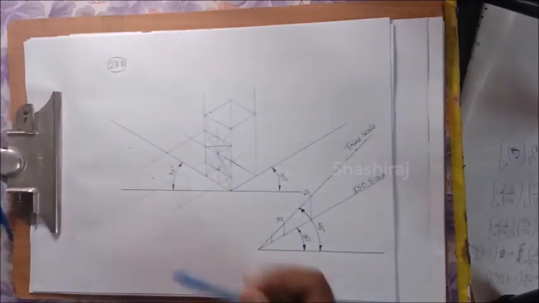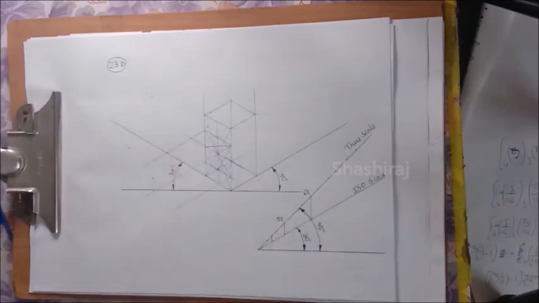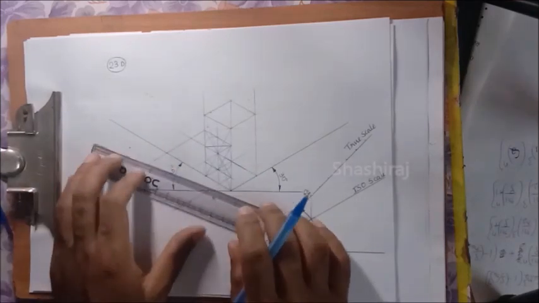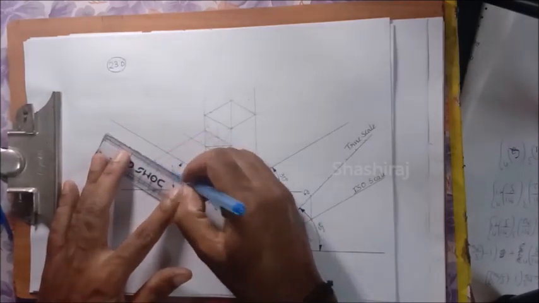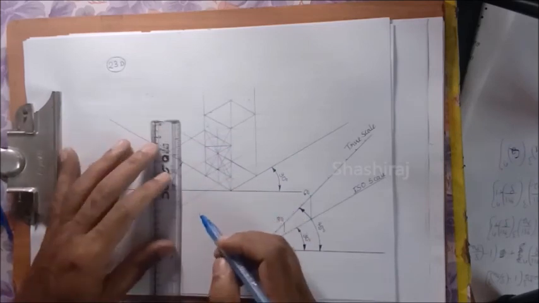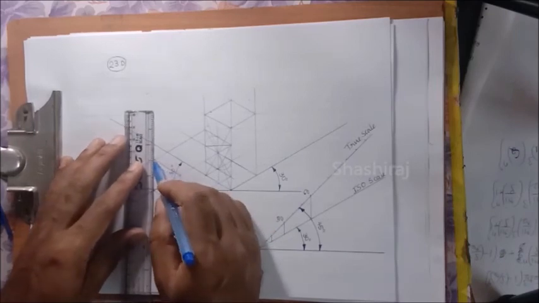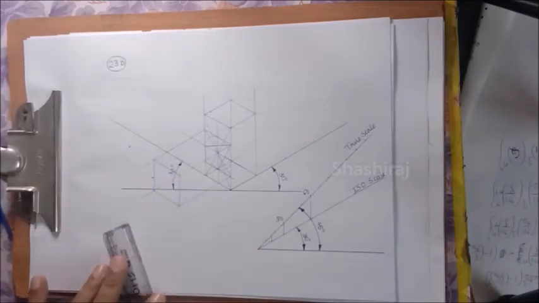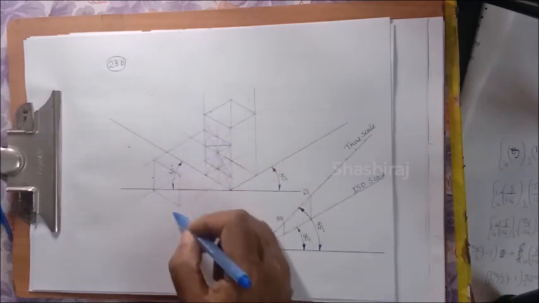So I got 4 points here. 1, 2, 3, 4. I will join them. Now this is the box that is replicated here.